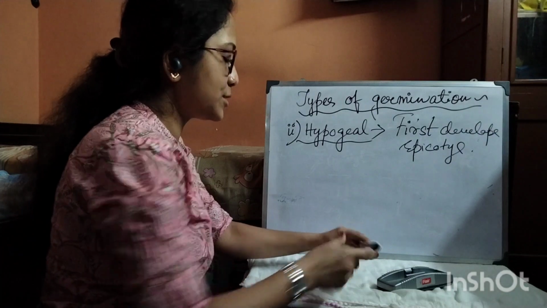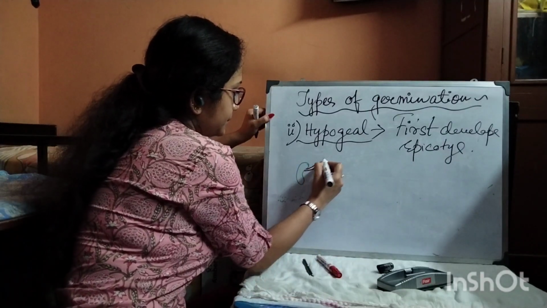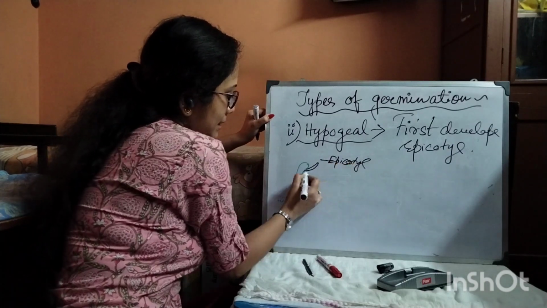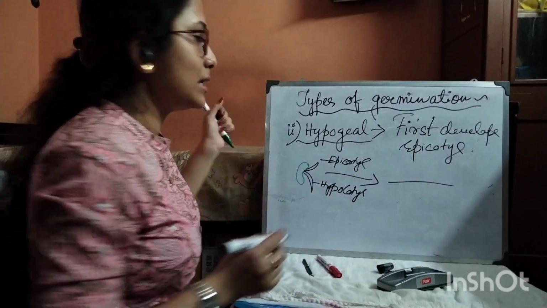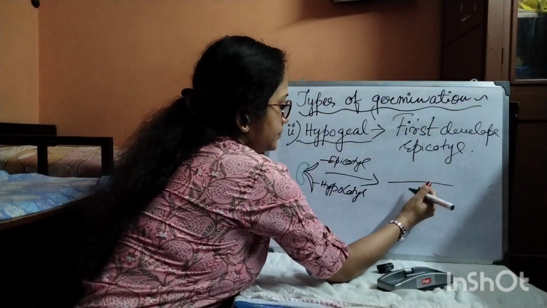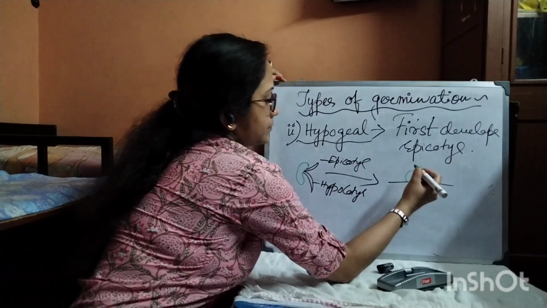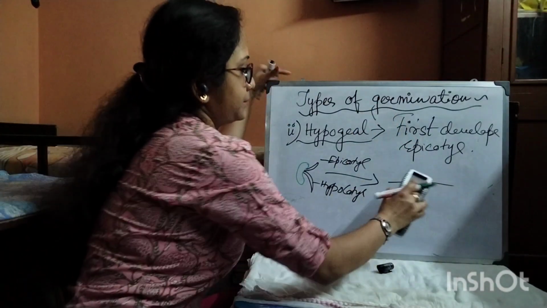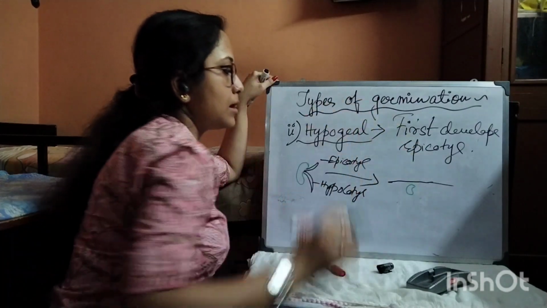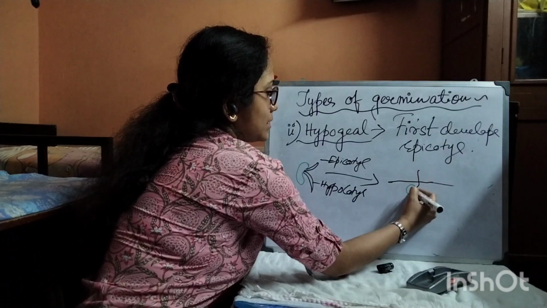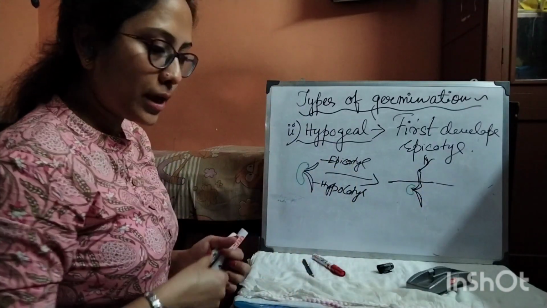The scenario here is like that. If this is a seed, and this is the epicotyl, and this is the hypocotyl, in the next step, if this is the soil level, at first the seed will be inside the soil, and from this the epicotyl portion will get developed and the hypocotyl portion will not.